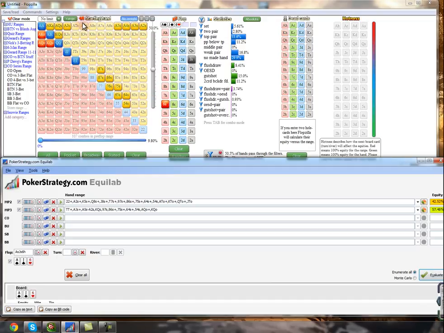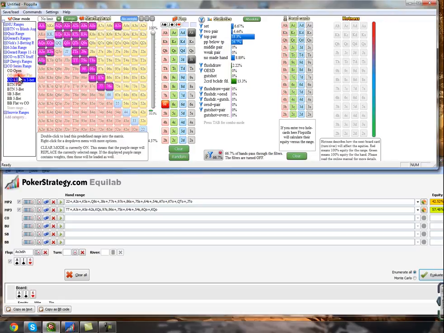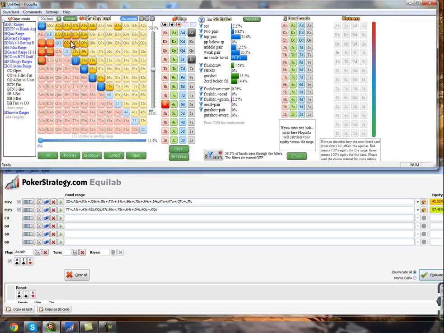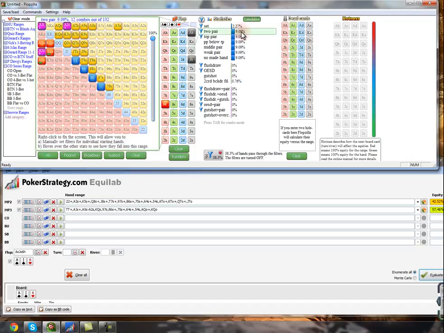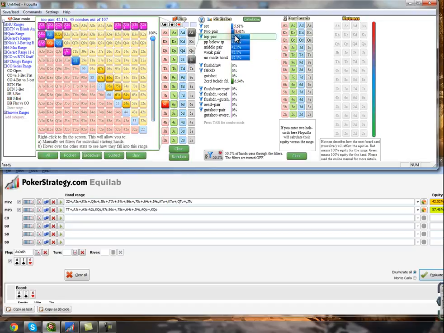The good thing will be, though, since the big blind 3-betting range wasn't 3-betting ace jack off, whereas the cutoff range was calling with all of the ace jack off, let's check to see how the premium hands look. So we have 9.1% 2-pair or better, whereas the big blind 3-bet has only 8.5%.